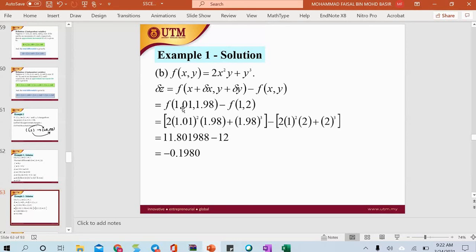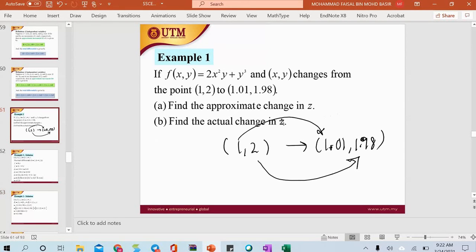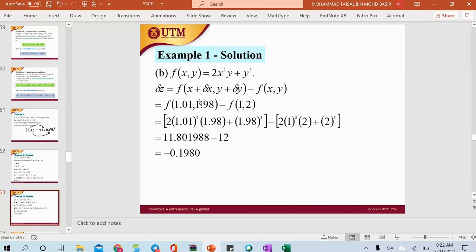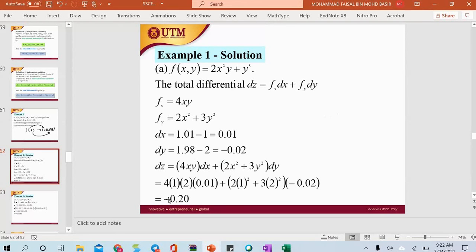You don't need to add 0.01 to 1 again. Just substitute directly, because this is the change. This is already changed to 1.01 and 1.98. So don't get confused. Then if you see here, the actual change will be negative 0.18. It is slightly lower than the approximate change.